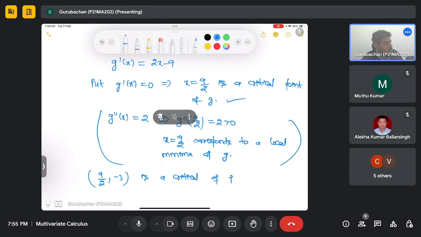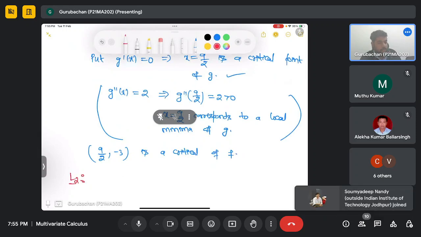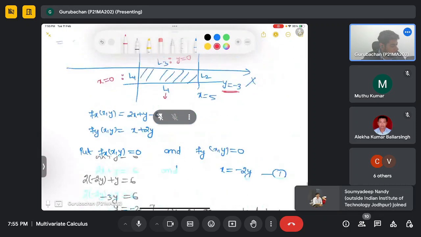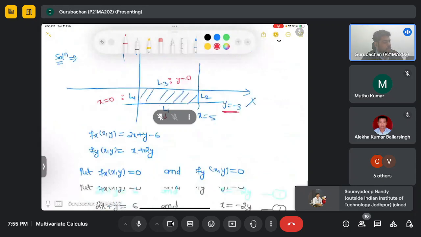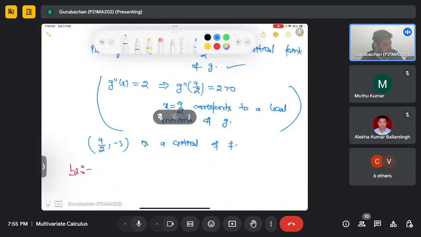of f. Now the other line is L2, and L2 I think corresponds to x equal to 5. So we will put this value 5 comma y. This will give us 5 square plus 5y plus y square minus 30 plus 2.